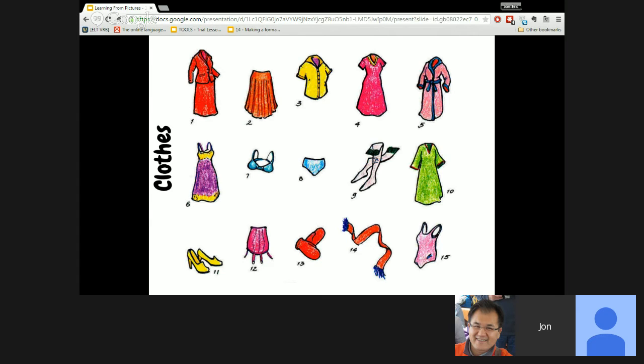Listen carefully. One more time. Give us a description. This thing is usually worn in winter time to protect their fingers. Fingers. Good. Got that, Ryota? Yes. So which item is it? I think 13.